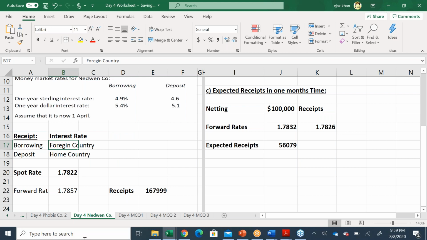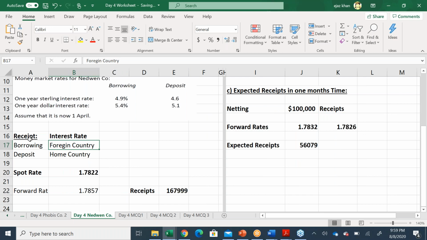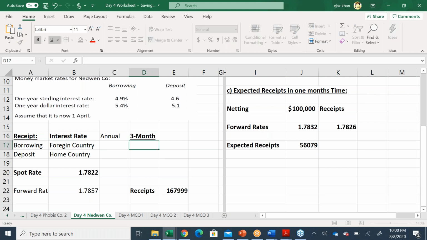Once you have identified that it's a receipt case, you have to pick the borrowing rate of a foreign country. It will be the annual rate, and we need a 3 month rate, so we will convert it later.